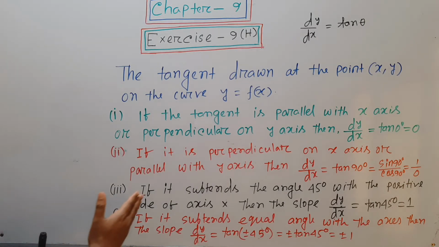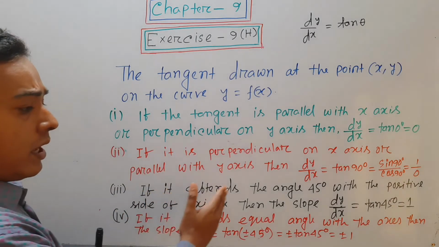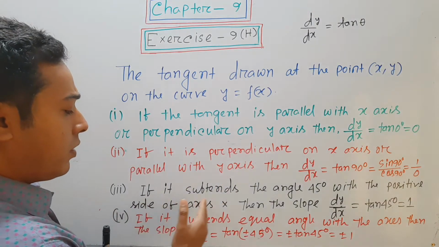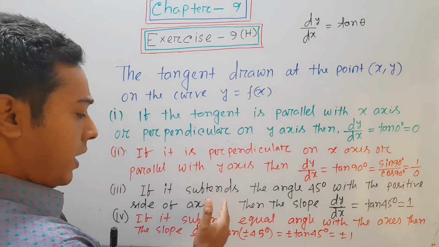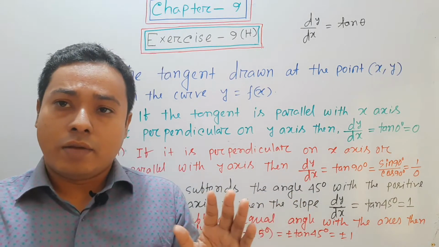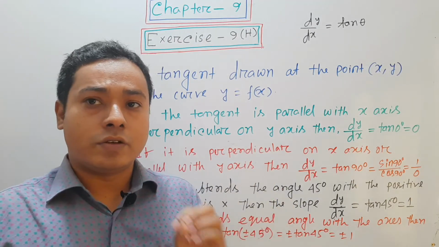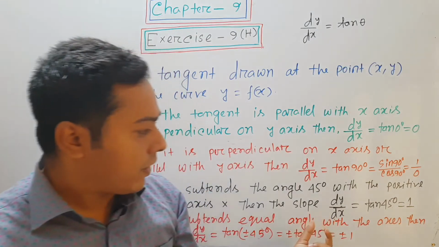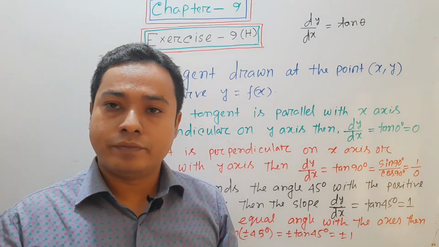Now the third condition: if it subtends the angle 45 degrees with the positive side of the x-axis, then the slope dy/dx is equal to tan 45 degrees, which is equal to 1.